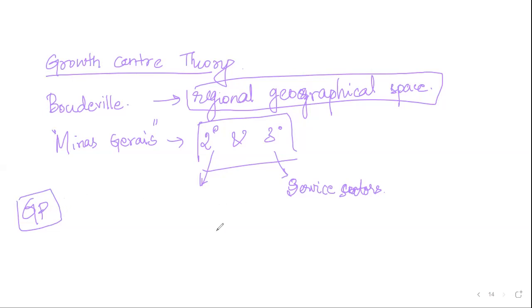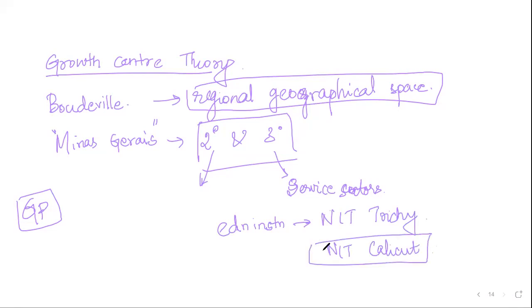So if I'm talking about a small educational institution, let us take for example NIT Trichy, not small, but let's take NIT Trichy or NIT Calicut. The influence of this institution is pretty much spreading to most parts of the country.